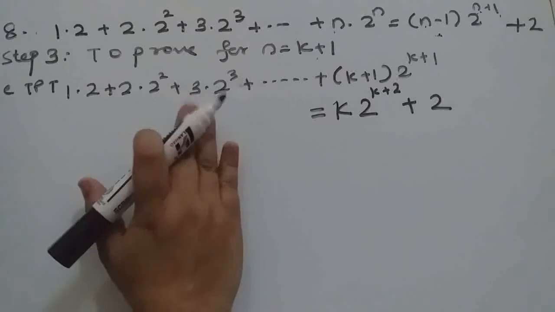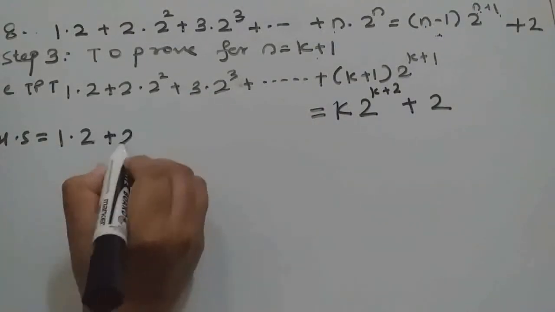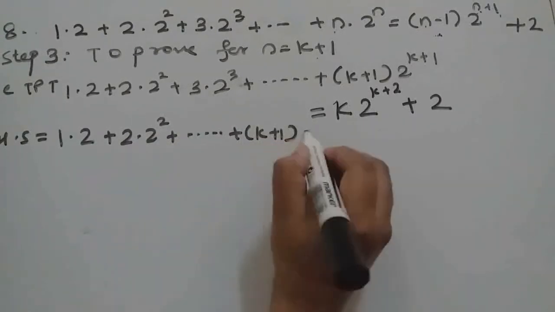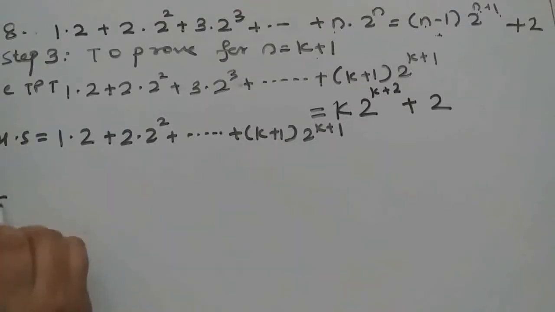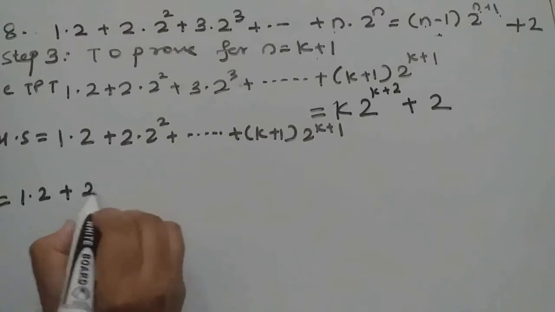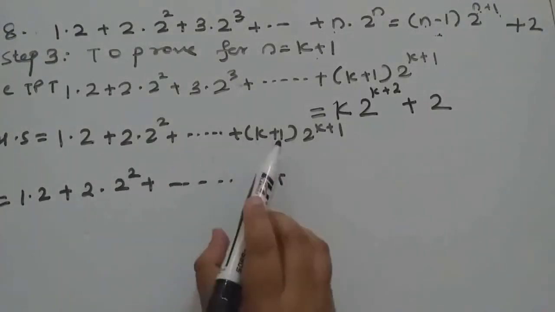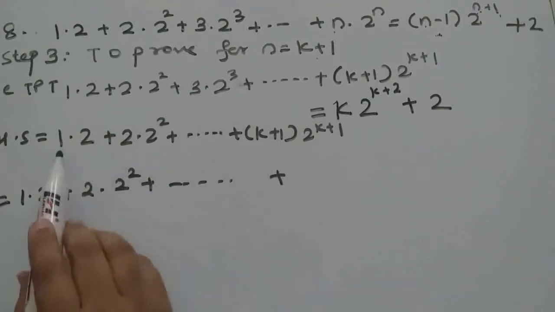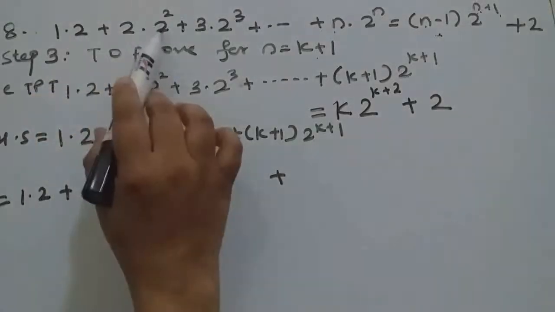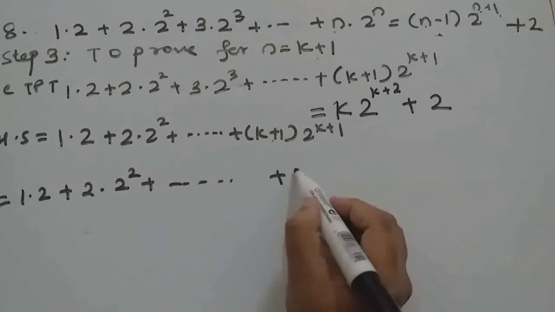So from this expression we will consider LHS. 1 into 2, 2 into 2 square, up to k plus 1, and the previous method, old method, we should find the previous term. So you have to observe one pattern here. What is the pattern for the previous term? We should subtract 1, isn't it? See, 1, 2 and 3. So 1 difference is there. So k plus 1 minus 1 will give k.